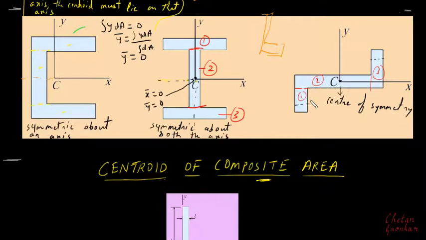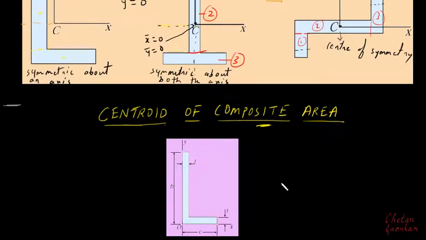I can use the formula to calculate the area of this first plane, that is this multiplied by this, similarly here and here. Fine. So shapes made up of multiple predefined areas are called composite areas. And let us see how to determine the centroid in composite areas.